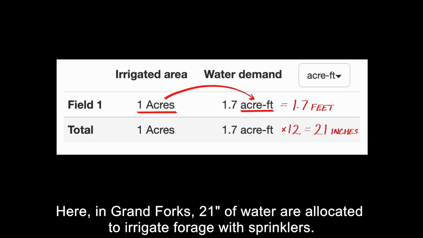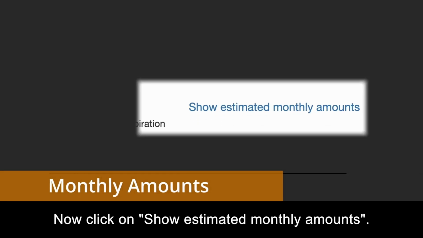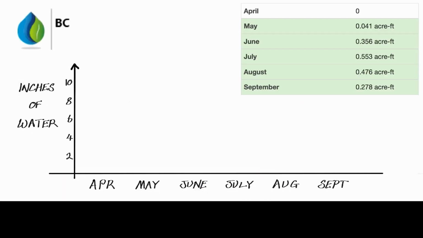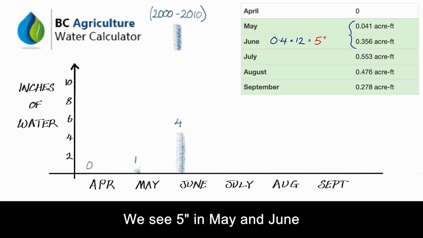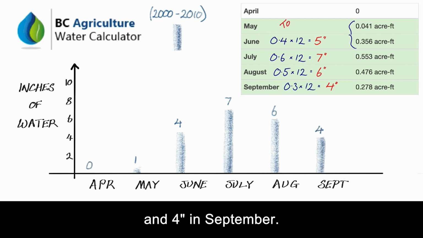Here, in Grand Forks, 21 inches of water are allocated to irrigate forage with sprinklers. Now click on Show Estimated Monthly Amounts. We see 5 inches in May and June, 7 inches in July, 6 inches in August, and 4 inches in September.